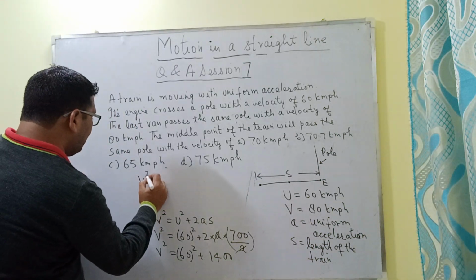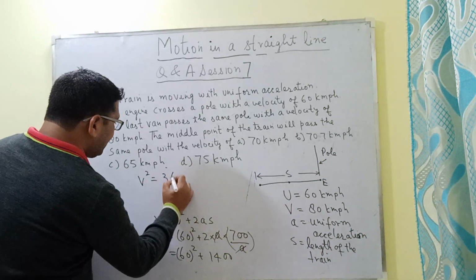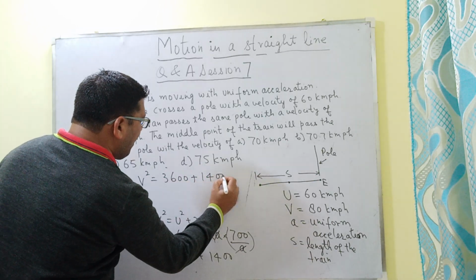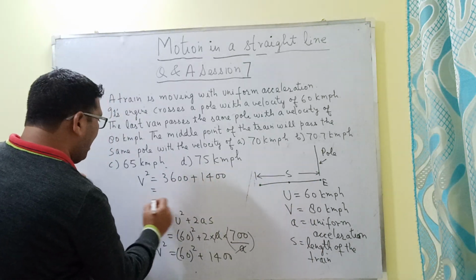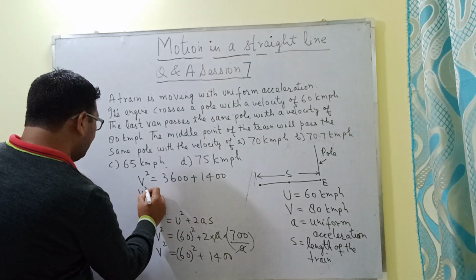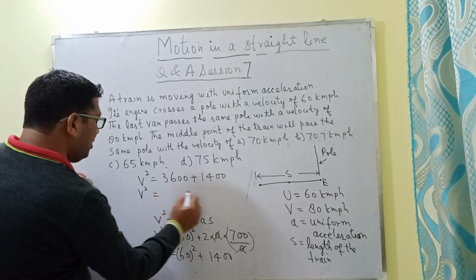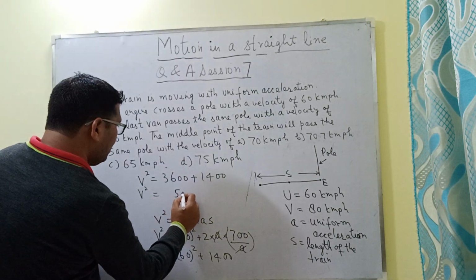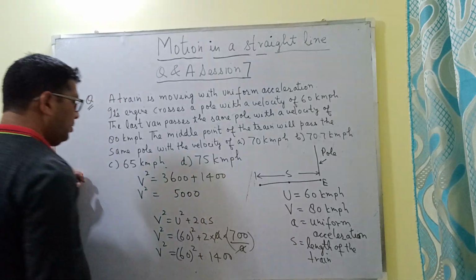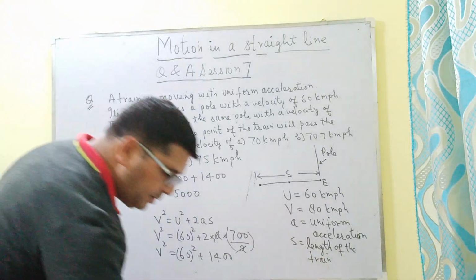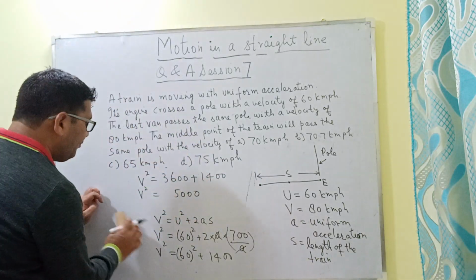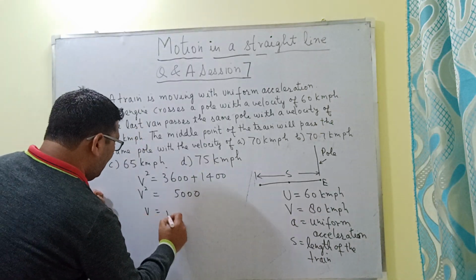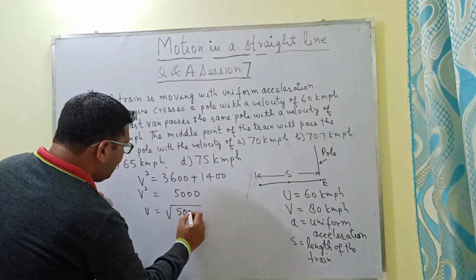So V square is equal to 3600 plus 1400. So V square is equal to 5000, or we can say that V is equal to under root of 5000.